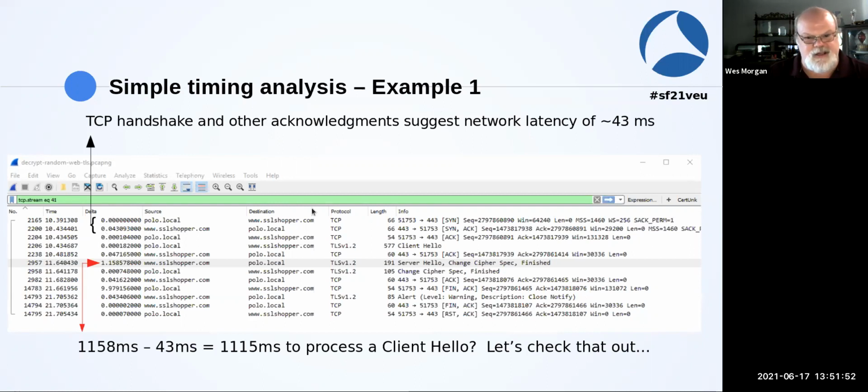You can see that between the SYN and the SYN-ACK, about 43 milliseconds. However, once we issued a client hello, and it was acknowledged within, in this case, 47 milliseconds, it then took over a full second for the server to respond with its server hello to continue the TLS handshake.